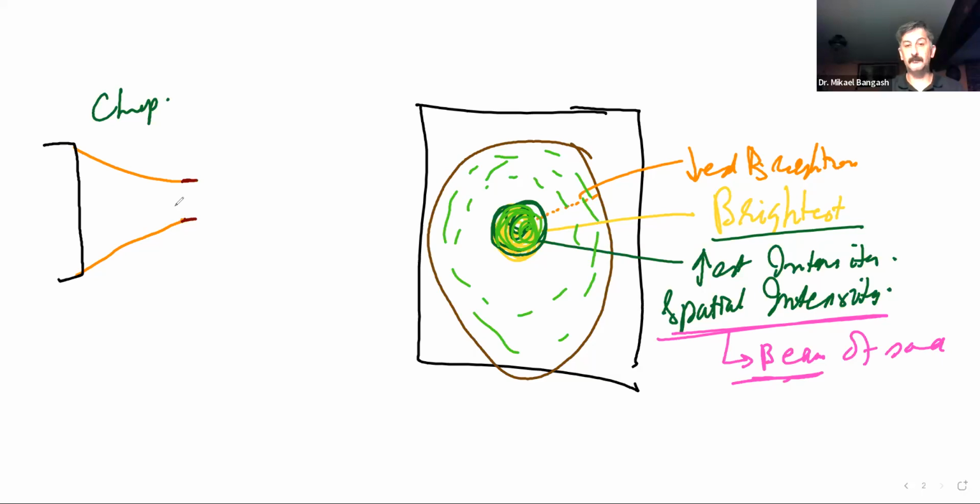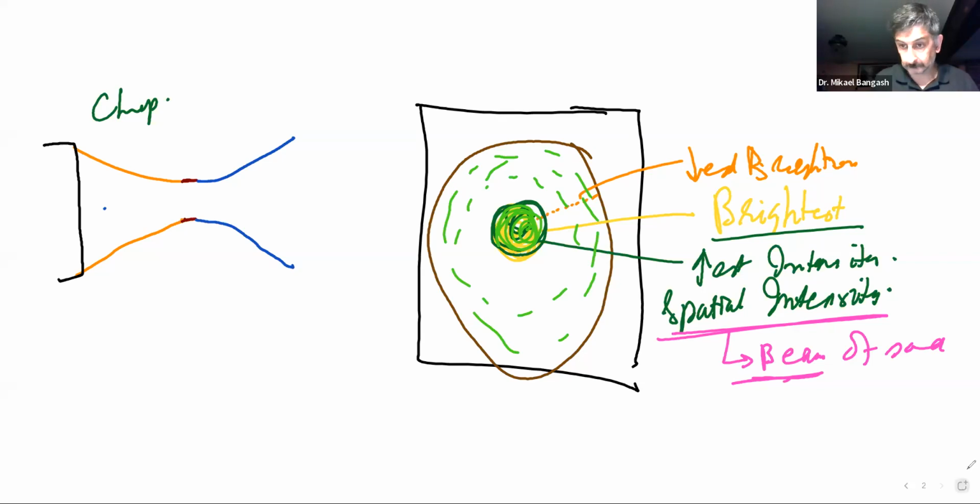And after that, it is going to spread out. This here makes the three different regions, areas or zones of your beam.